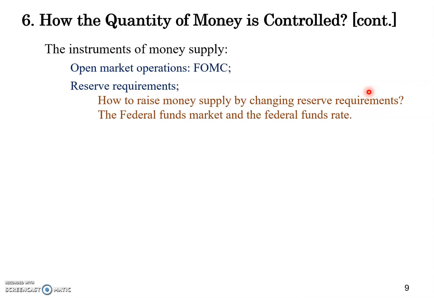Now, you probably want to know, what's going to happen if a commercial bank fails to meet that requirement. For example, let's say the Bank of America, based upon its deposits received, is supposed to keep $3 million in one of its local offices.